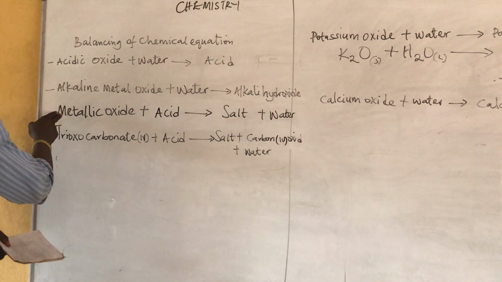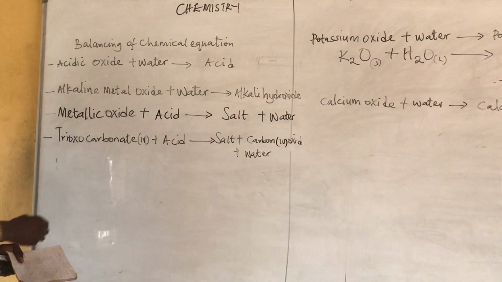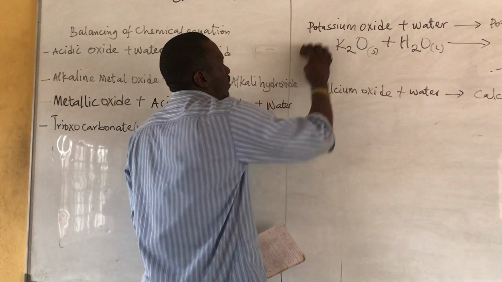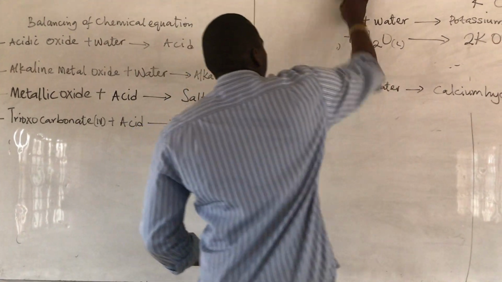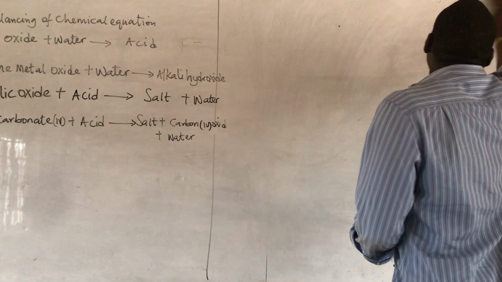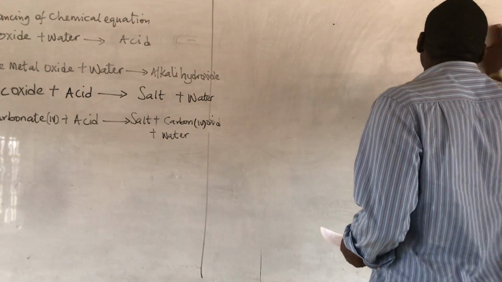Let's quickly see metallic oxide plus acid. Metallic oxide means any metal combining with oxygen.